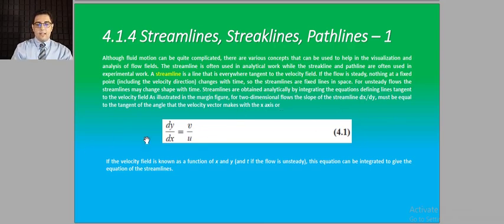These two sides have to be equal in order to obey the streamline concept.